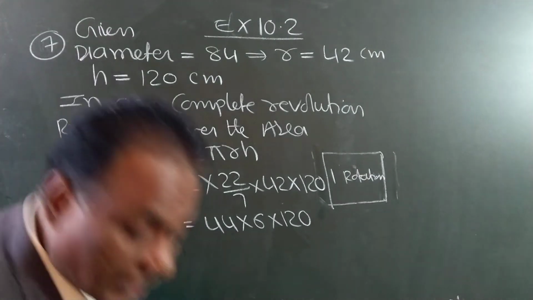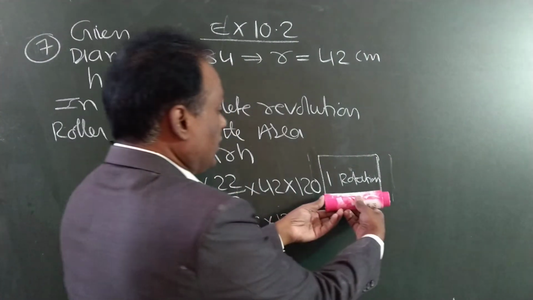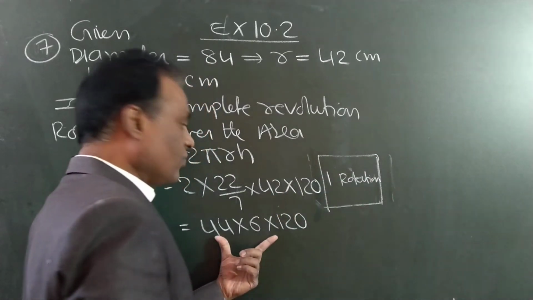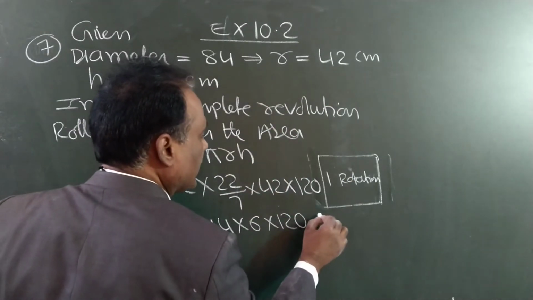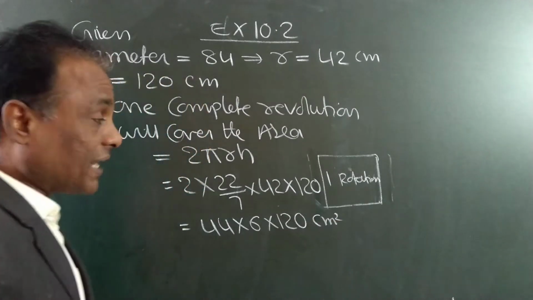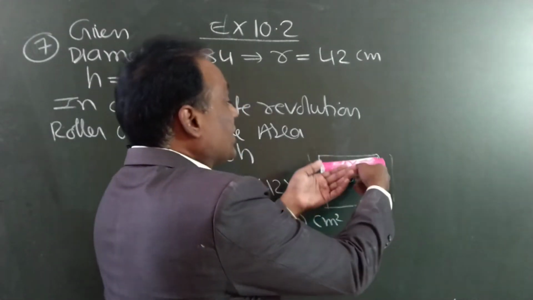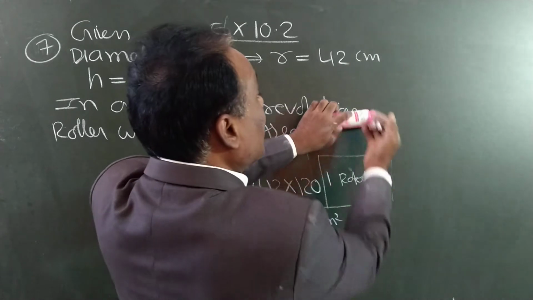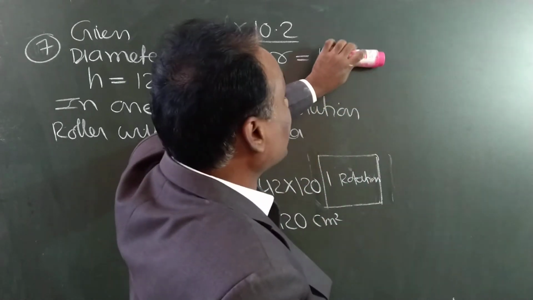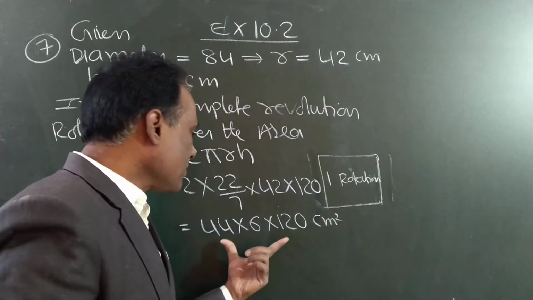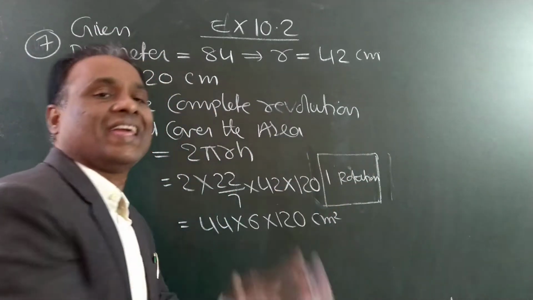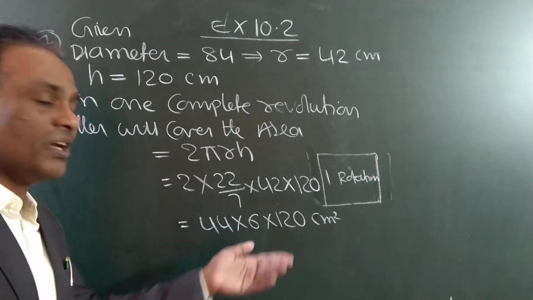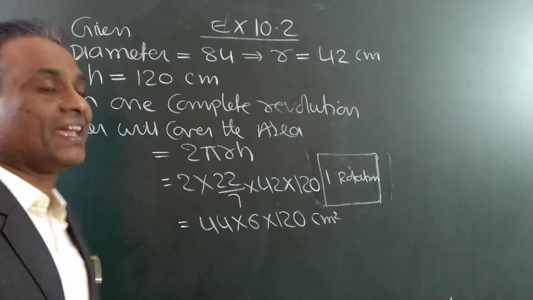So that means the roller will cover this much area in one revolution. This is in centimeters, so the area will be in centimeter square. But how many revolutions is the roller making? 500 revolutions. 500 times it is rotating. One time it covers this much area, so multiply by 500.